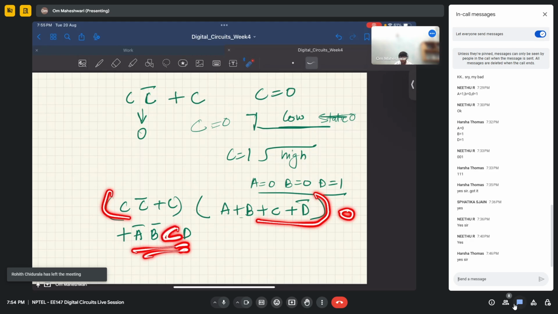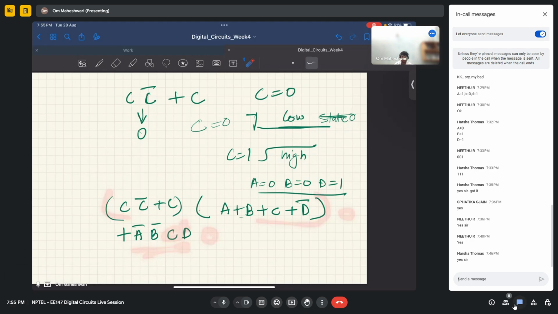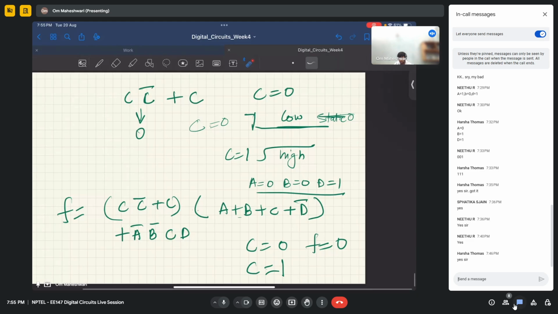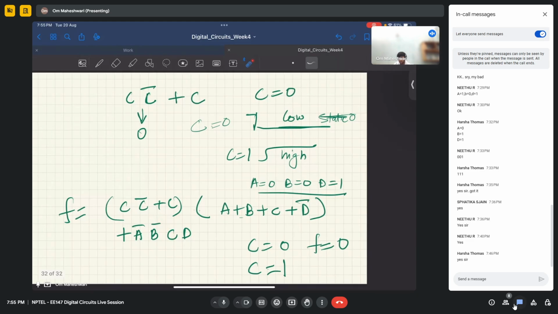Here also, since we have the C here, it will become 0. So if this is your new f, when C equals 0, your f equals 0. When C equals 1, this whole term will become 1, this whole term will also become 1, so your f will become 1. So multiplying these two things solves our problem.